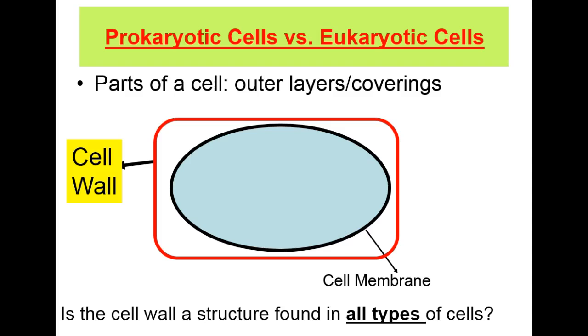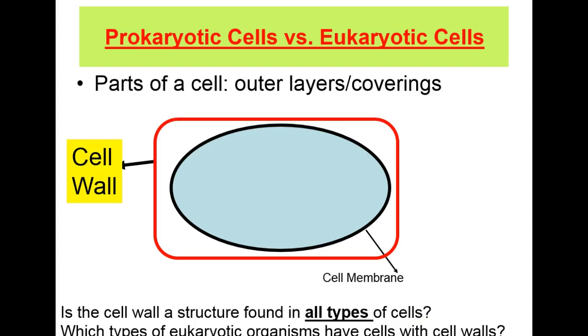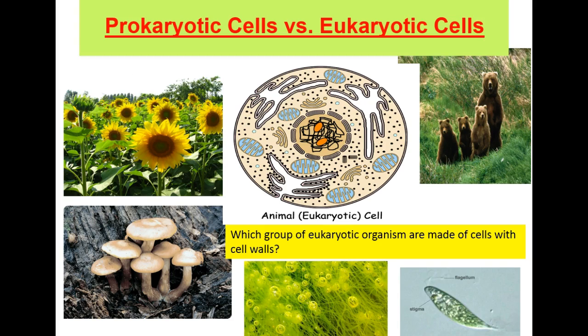Is the cell wall a structure found in all types of cells? You should know by now the answer to that question from Chapter 1. Which type of eukaryotic organisms have cells with cell walls? Plants, fungi, algae, protozoans, animals.